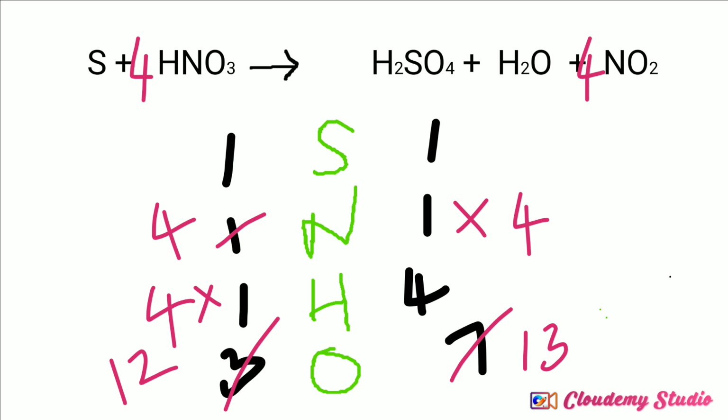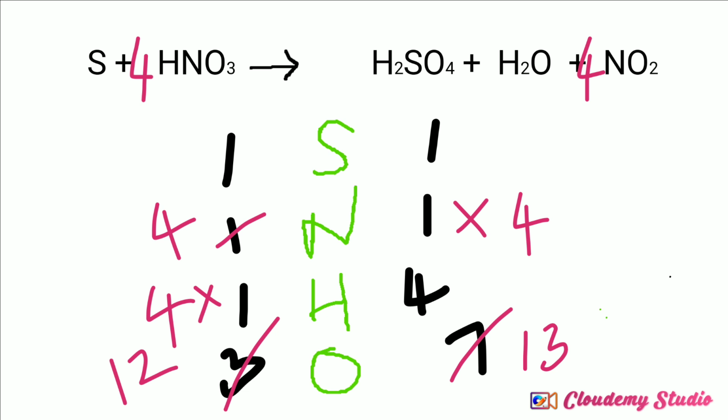Now when we check all the atoms on the left hand side as well as the right hand side, sulfur, nitrogen, hydrogen are equal on both the sides. But oxygen alone is not equal on both the sides. At left hand side 12 times, but the right hand side 13 times.